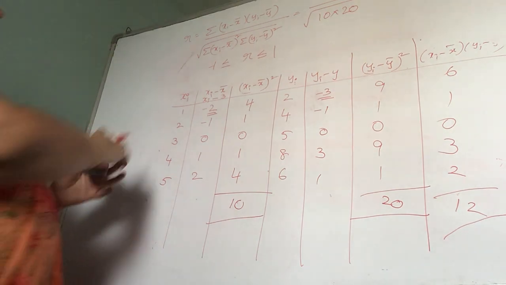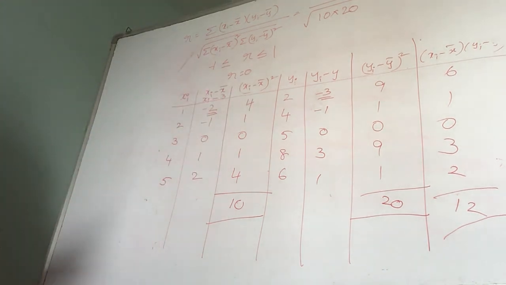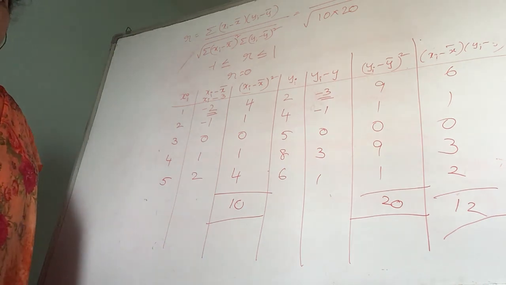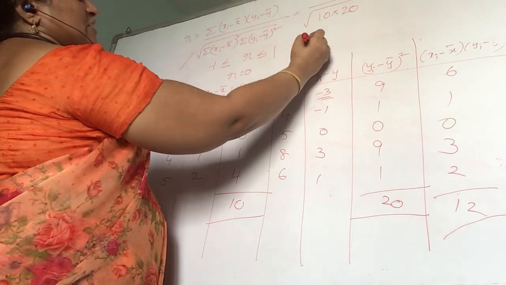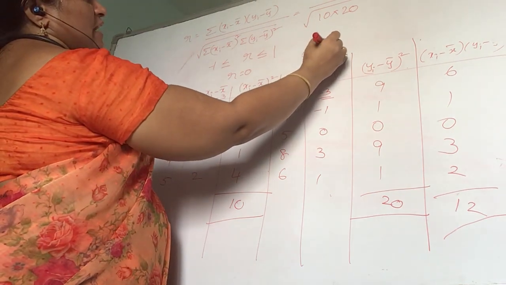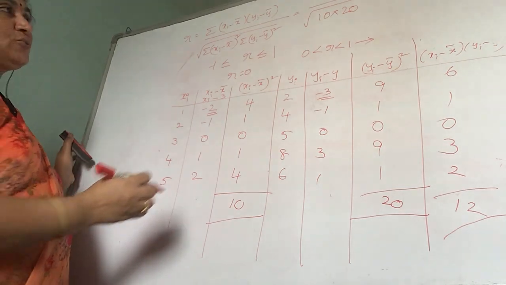If suppose r is equal to 0, then we say that there is no correlation between the variables. Either 0 or approximately equal to 0, then we say that there is no relationship between the variables. If r lies between 0 and 1, then we say that there is a partial positive correlation.